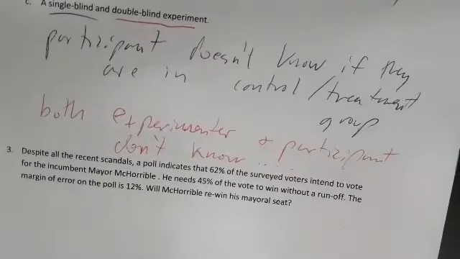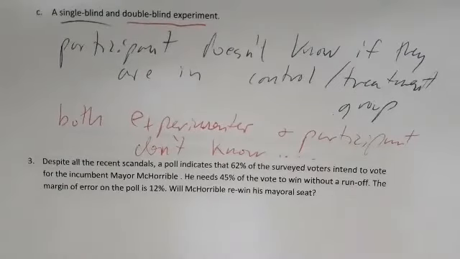And I'm just going to do a little ellipses there. I don't feel like finishing that sentence. In double blind, both the participant and the experimenter don't know whether the participant is in the control or treatment group. Okay.